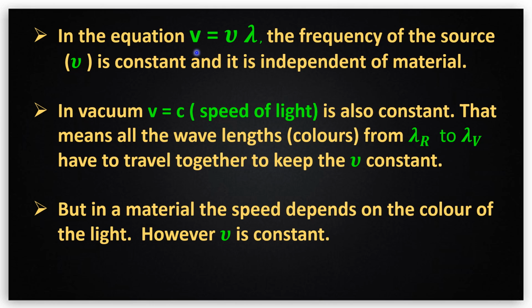So in case of vacuum, v is also constant. That is, all colors will travel with the same speed. So what will happen here? Lambda from lambda r to lambda v have to travel together to keep nu constant. That's why light appears white in vacuum.